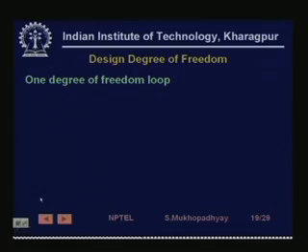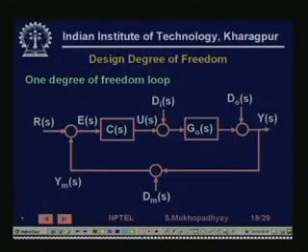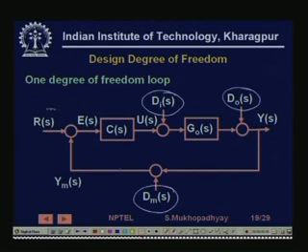Similarly, you see that the typical control loop that we consider has 1 degree of freedom. This is very important to understand. This is a typical control loop in which several disturbances may be acting as well as RS. Let us for the time being forget about these 2 and consider only this one. What do we want?